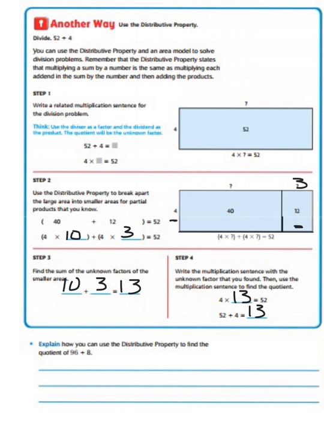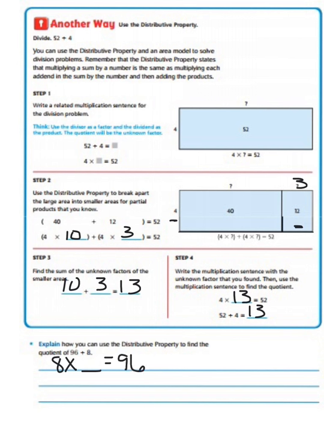Now, it says to explain how you use the distributive property to find the quotient of 96 divided by 8. Well, we know that we can write the related multiplication sentence of 8 times something equals 96.